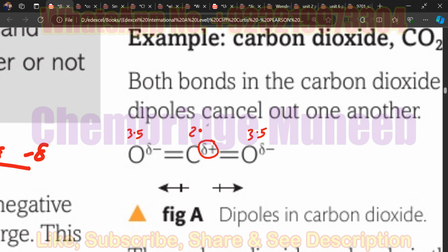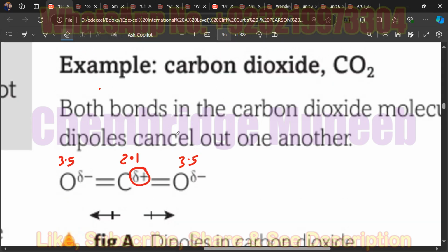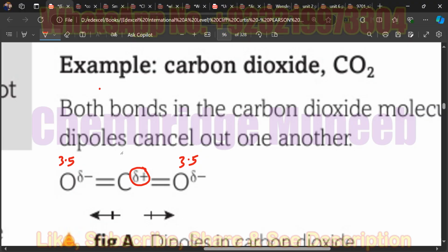Okay, now one moment, that's not right. Carbon's electronegative value is 2.5, not 2.1. 2.1 belongs to hydrogen. Carbon is 2.5. So there's still a change of 1.0 between them. 3.5 minus 2.5, the change is 1.0.